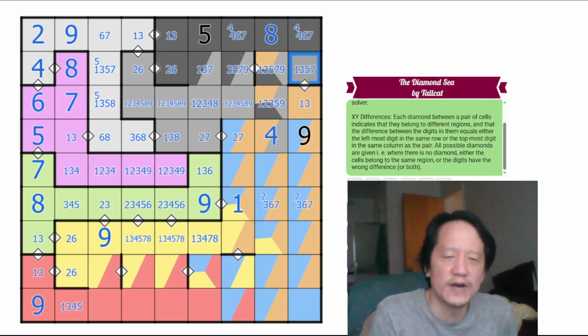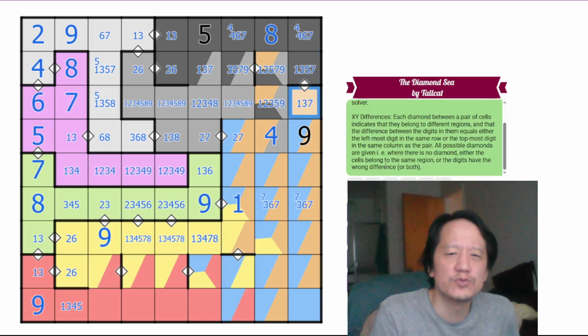If this is 5, you can't have a 9 here. The 5 can only be next to 1 because you can never have a difference of 5 or greater for a 5. For 3, a difference of 4 would make this 7. A difference of 6 would make this 9, but that's not possible.